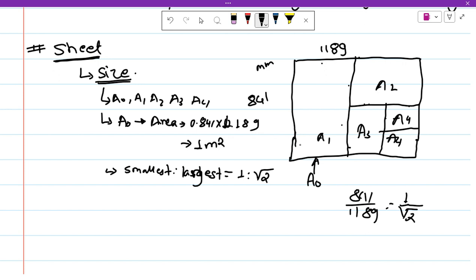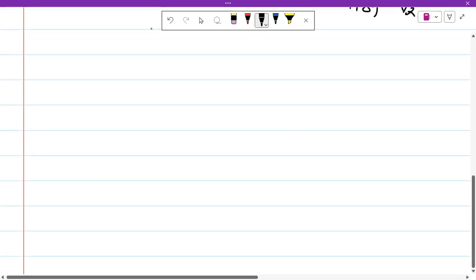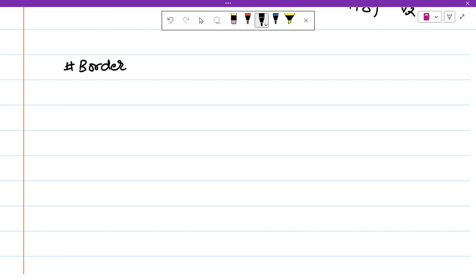Let's talk about borderline and margins. That was the standard size of paper. Let us talk about borderline. So what is a borderline? If this is the paper, we cannot just draw here.